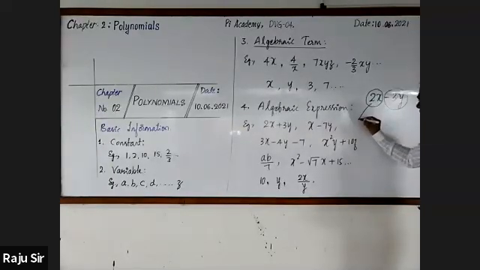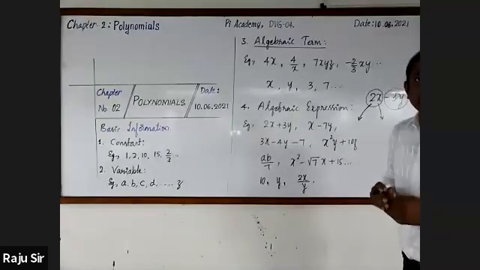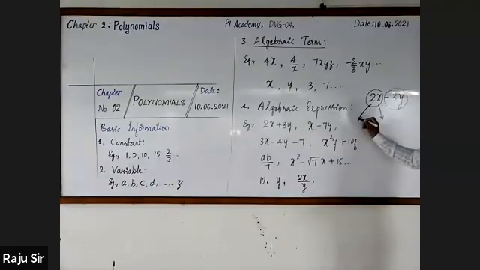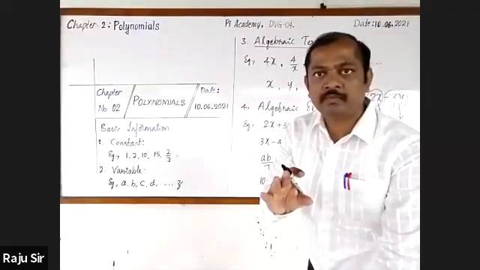In the first term, we have 2 as well as x. Here, 2 is called coefficient. It is a constant, and this constant is known as coefficient. And x is called the variable. X is the variable involved in this expression. And in this term, minus 3 is coefficient, y is a variable. Clear? Have you understood? Okay.